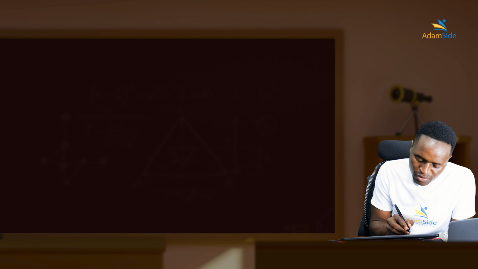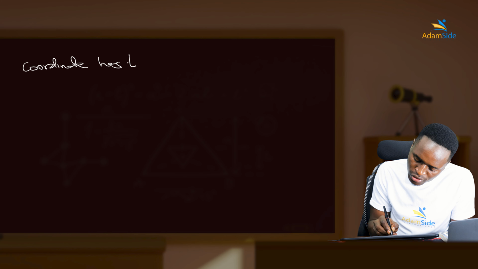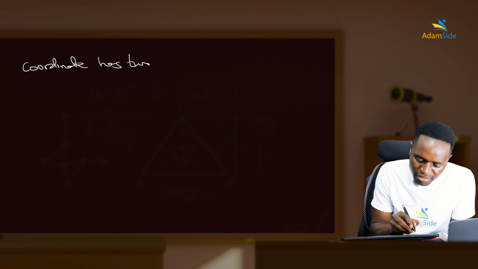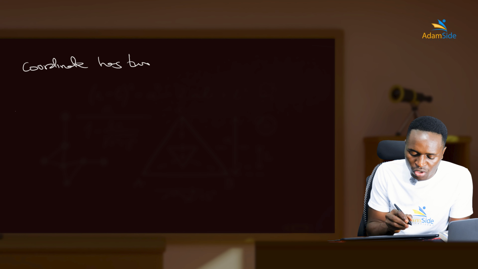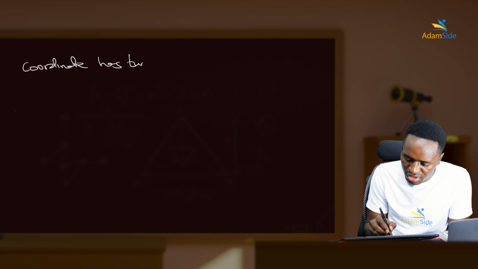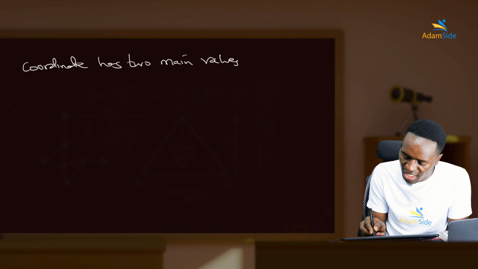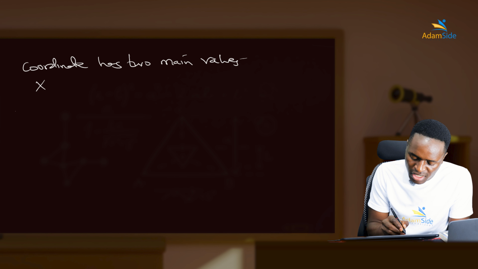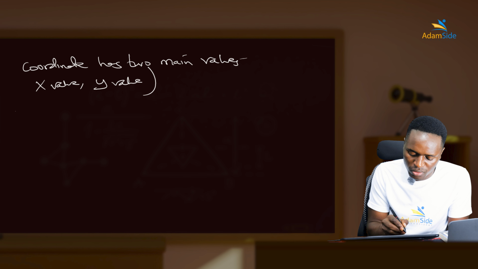Now, what we understand is that a coordinate has two main values. So what are those two main values? We have the x value and the y value.